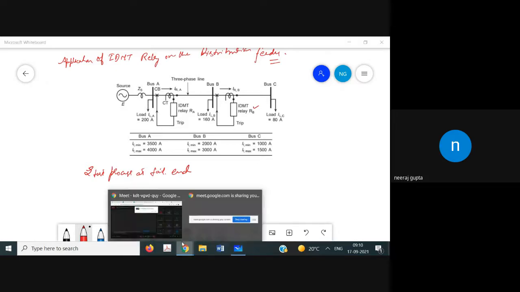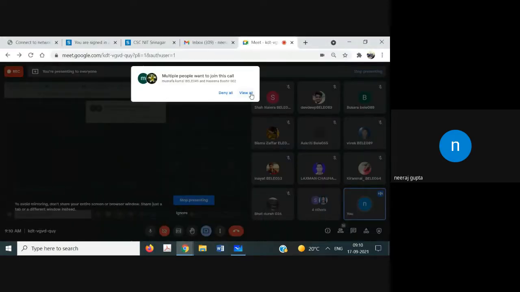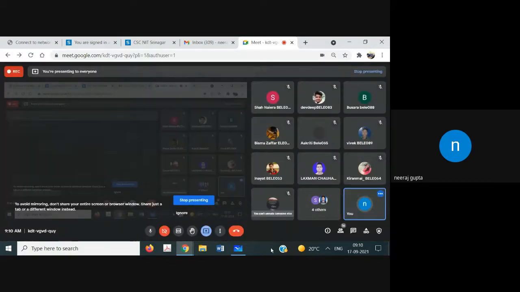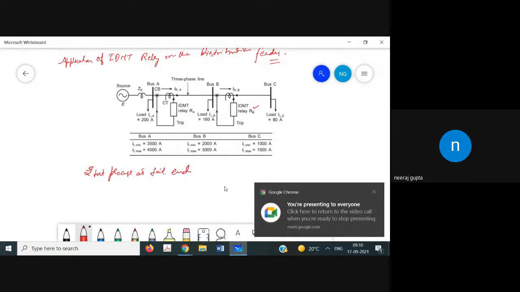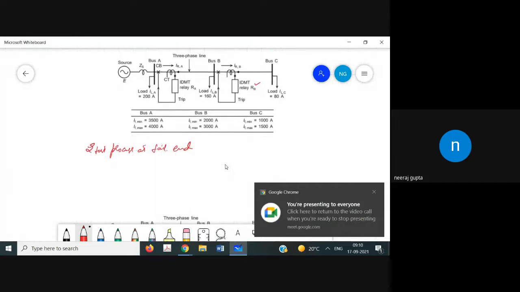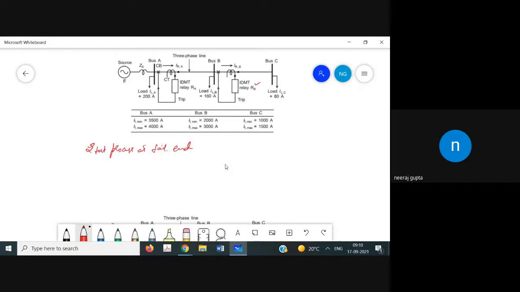That is because the tail end does not have to coordinate with any other relay. So we start with the tail end, that is, relay B.